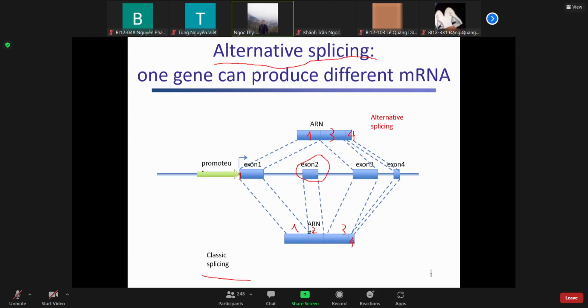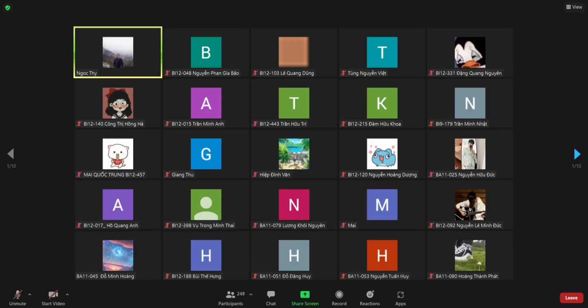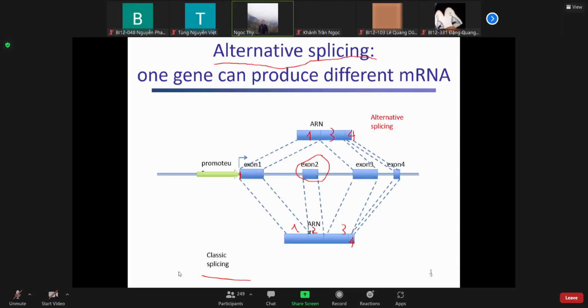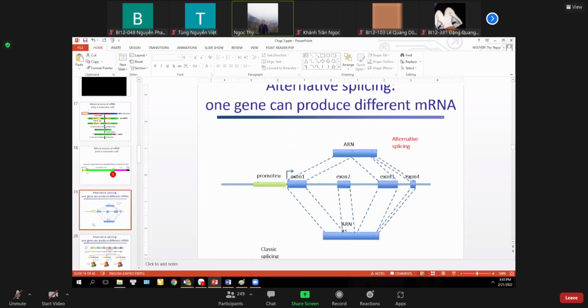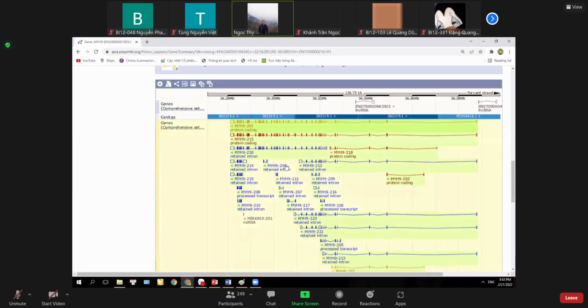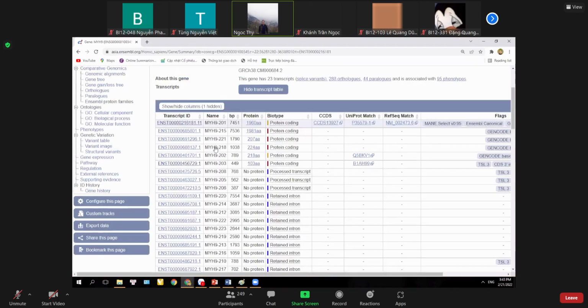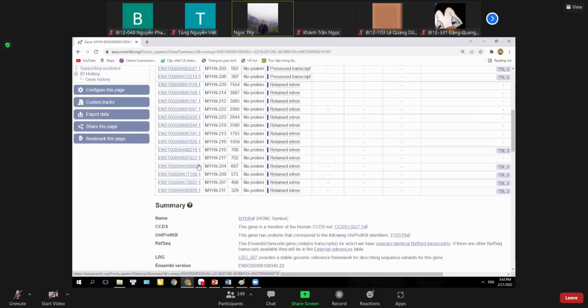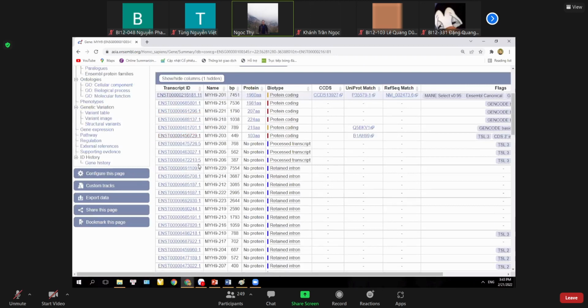This is called alternative splicing, and it leads to the transcript variants that we have just observed. In MYH9 here, we have so many transcript variants. We have at least 6 variants that code for protein, and the rest do not code for protein.